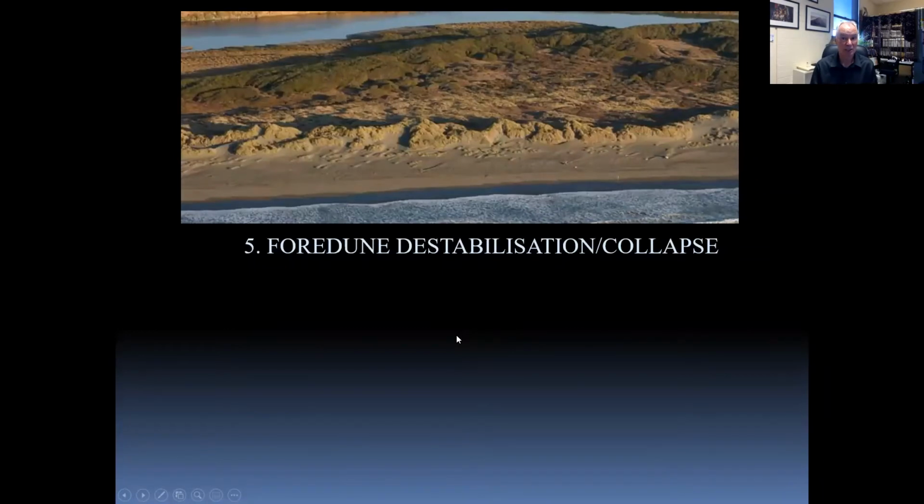Foredune destabilization and collapse is one of the things that's very common in the literature, and I've been guilty of saying this in the past. Andy Short and I in the past said, foredunes collapse and they build new transgressive dunefields with absolutely no evidence whatsoever, but good subjective science.